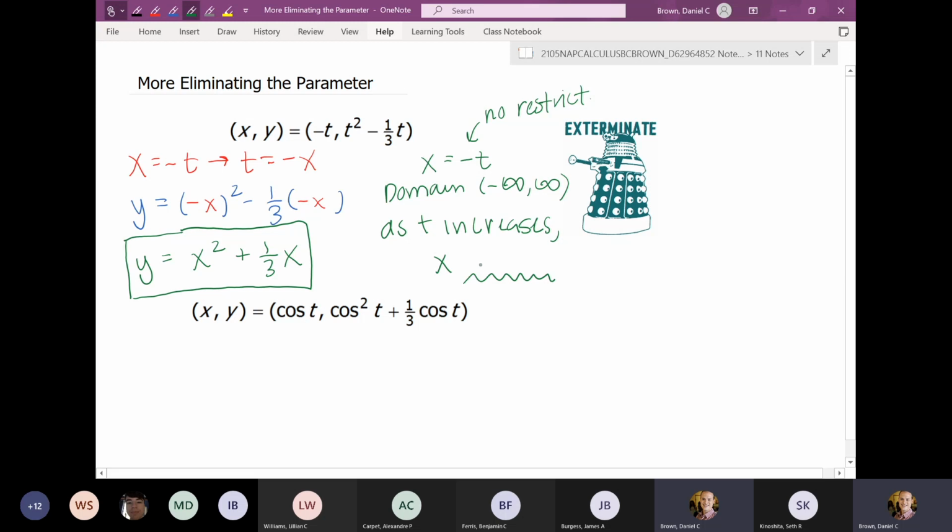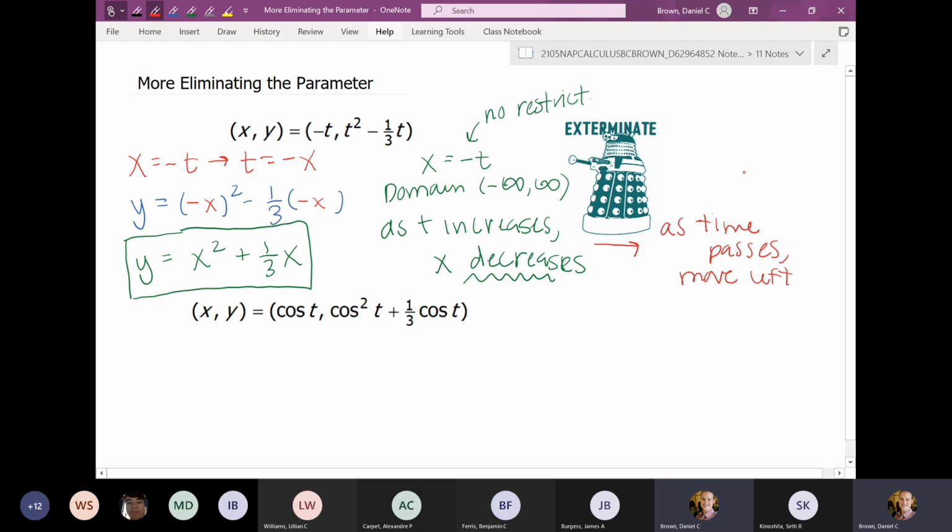X is going to get bigger and bigger, but in the negatives. So x is decreasing. To translate that into some other terms, as time passes, we are moving to the left since x is decreasing.